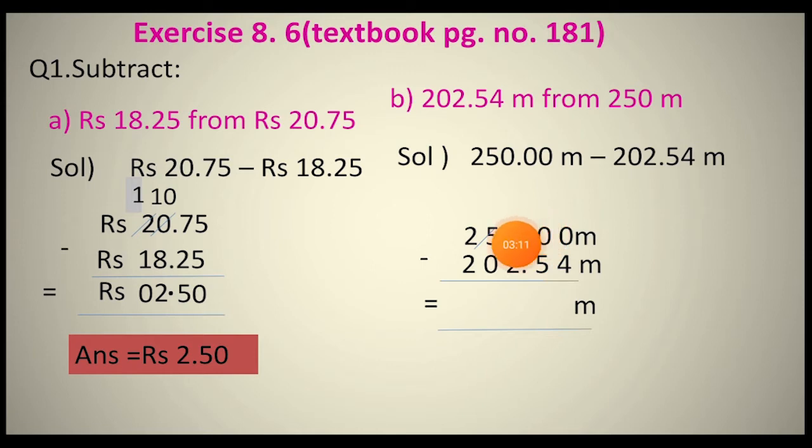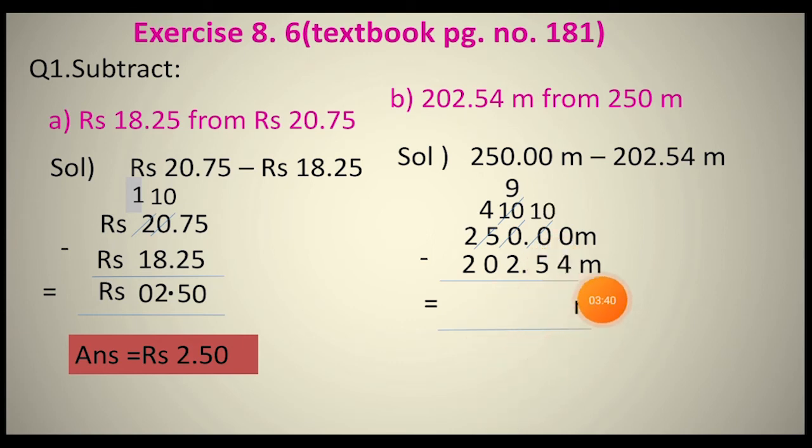So we will take the borrow from the tenth place, which has the digit 5. If we take a borrow from the tenth place, this 5 will become 4 and the digit in the ones place will become 10. But when it gives one borrow to the tenth part of the decimal, this 10 in the ones place will become 9, and the digit in the tenth part will become 10.